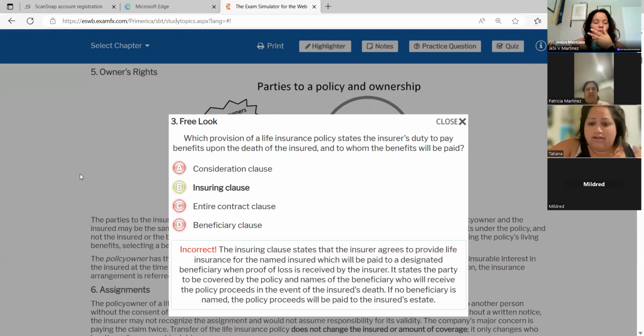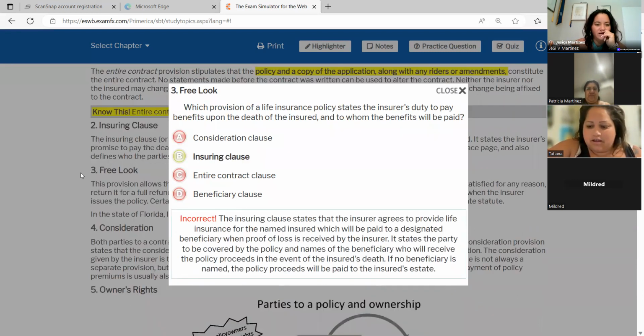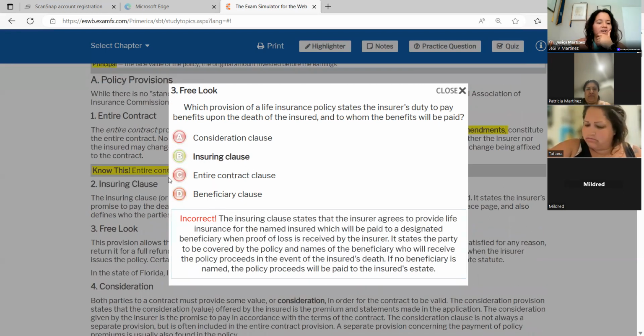Insurance clause. Where was the insurance clause in here? Oh, it's right here. So the insurance clause states that the insurer agrees to provide life insurance for the named insured, which will be paid to a designated beneficiary when proof of loss is received by the insurer.